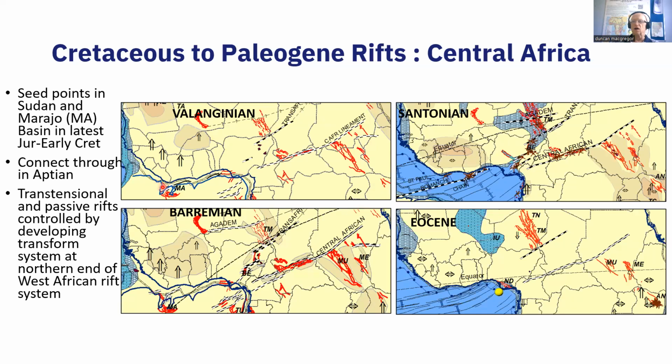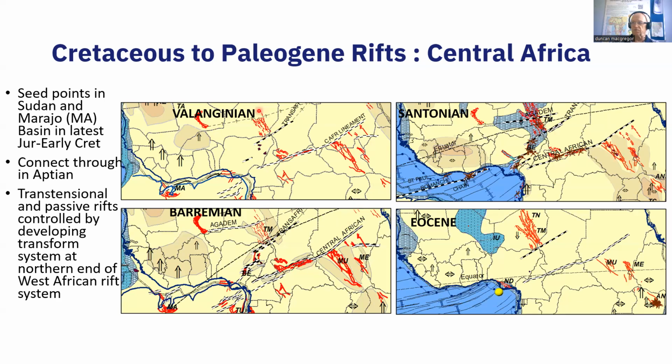Now, they appear to start in earliest Cretaceous times with this Muglad Basin of Sudan, and also as a seed point here, actually in the Jurassic in Egypt, in Sudan, and eventually they won't actually join up until this area in the Aptian. They get going to the Aptian, but at that stage, there is a continuous transfer through. At some stage, they also get driven by the opening of the South Atlantic that we mentioned earlier.